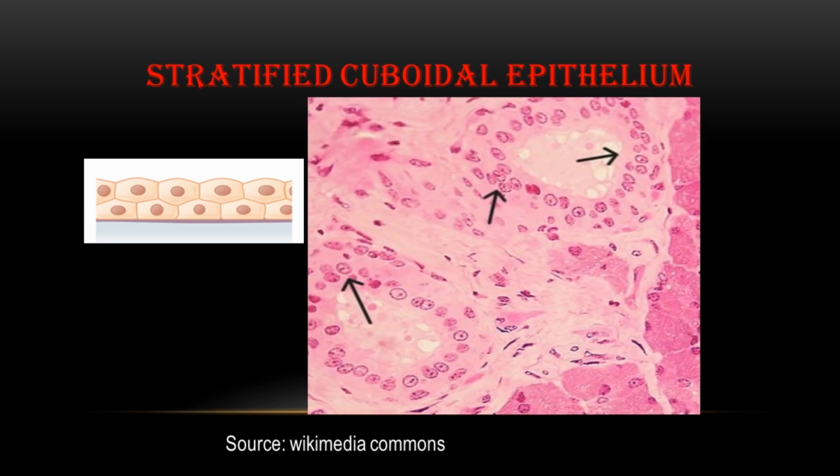As you can see in this histological diagram of a section of ducts of the parotid glands, the arrows are pointed to the round nucleus of the cuboidal cells.